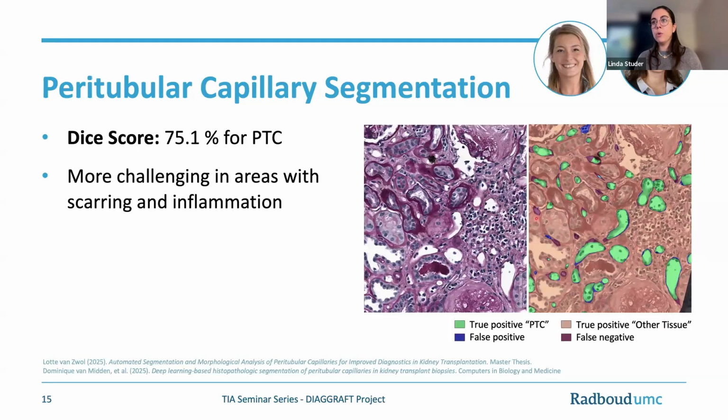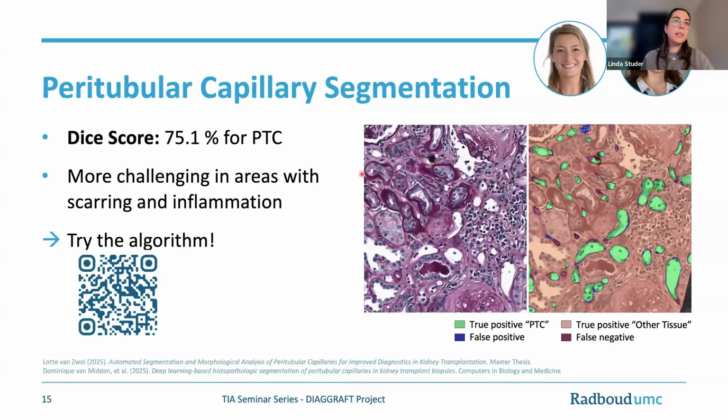There are also some smaller ones that are getting missed, visible here in this dark red purple color. And then sometimes we also have some other structures that get recognized as a false positive. But overall, from the pathologist's perspective, being a very hard task, these were also very satisfactory results.